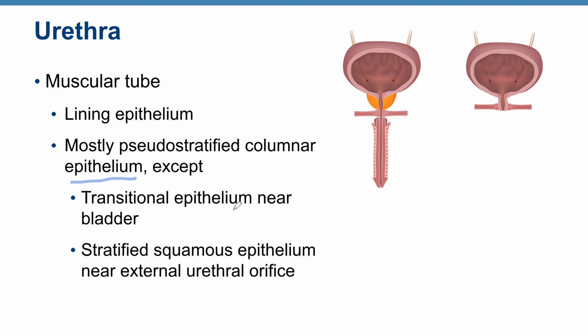So transitional epithelium is close to the bladder, then we have pseudostratified columnar and stratified squamous near the external urethral orifice. Inside the urinary bladder, remember, we have this transitional epithelium. It continues to the superior part of the urethra, then changes to pseudostratified and stratified squamous.